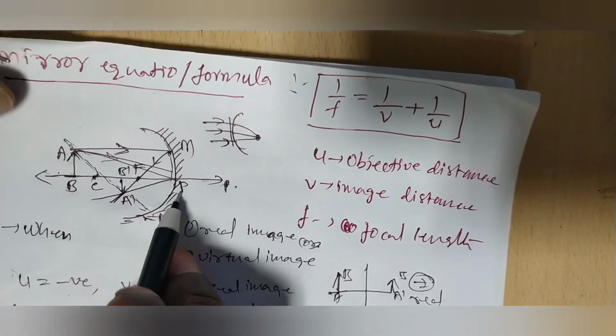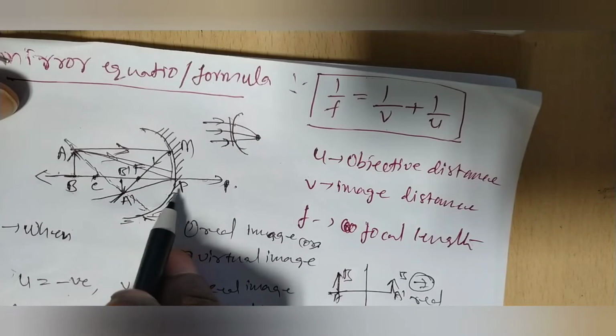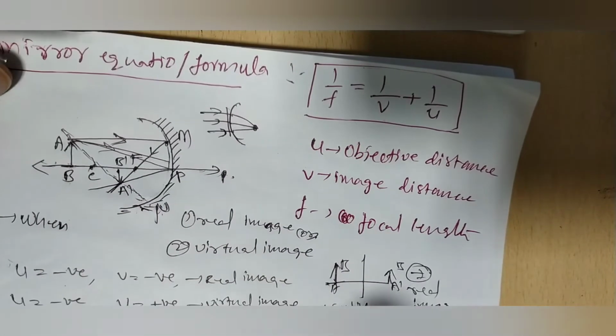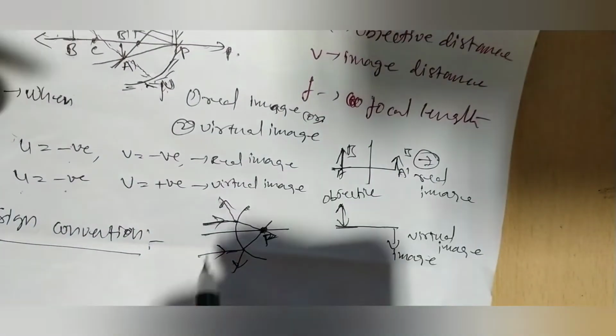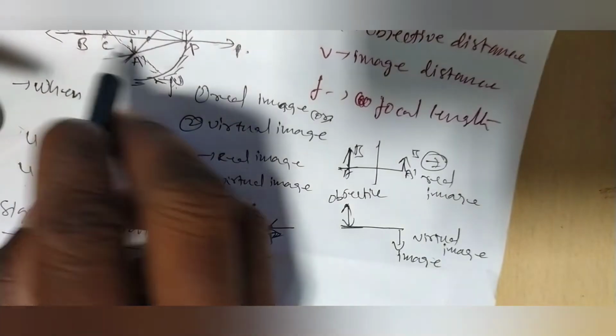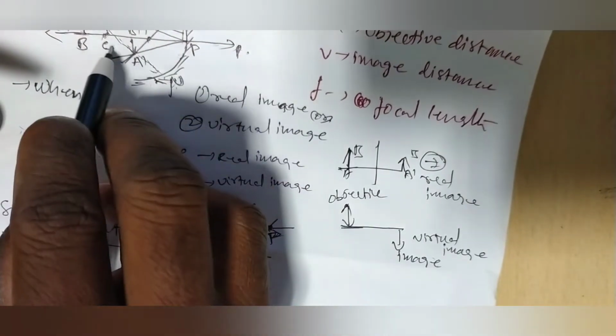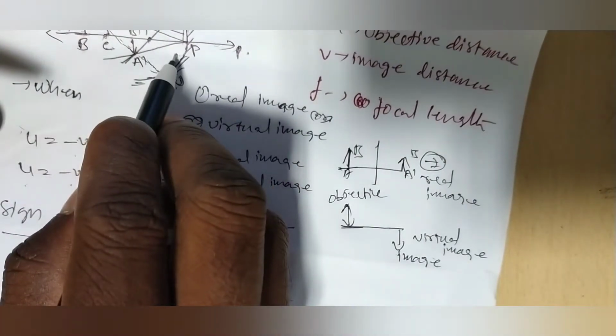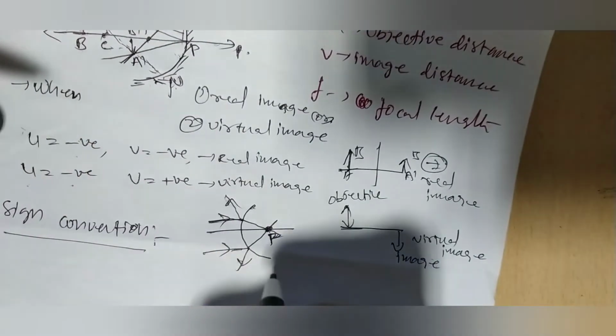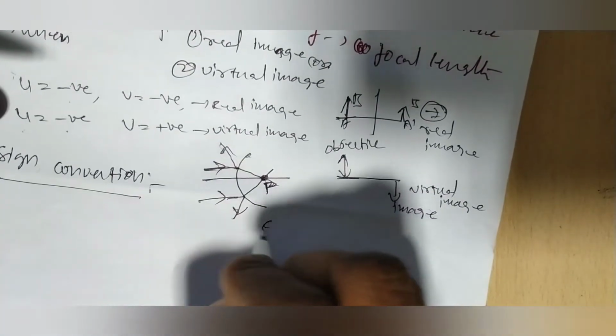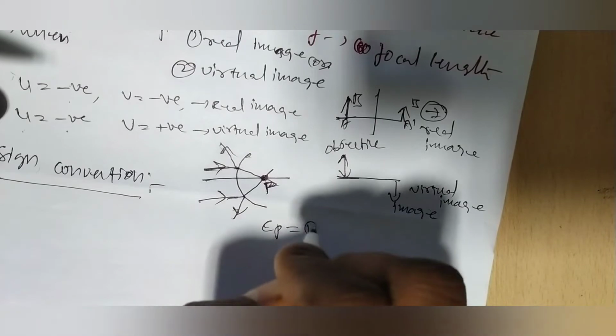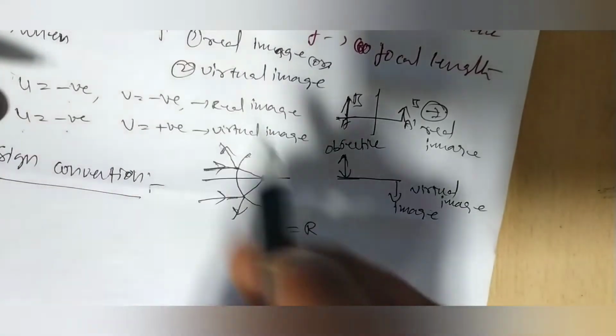We measure all distances from the pole. So see here, from C to P, CP is equal to R. That is the radius of curvature.